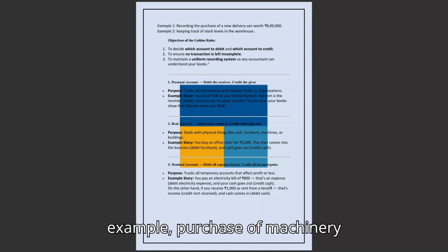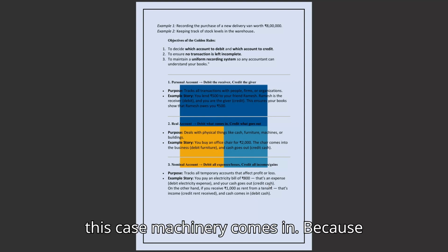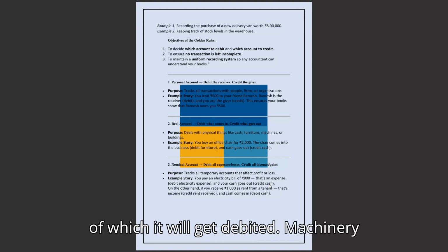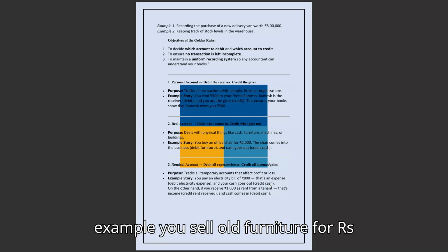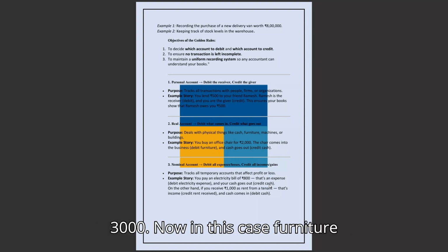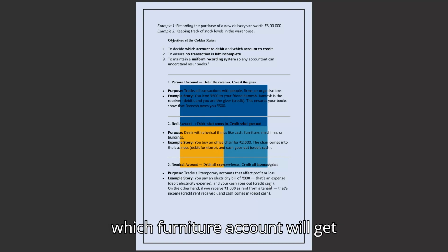For example, purchase of machinery for rupees 50,000. In this case, machinery comes in, because of which the machinery account will get debited. Second example, you sell old furniture for rupees 3,000. Now, in this case, furniture is moving out of the business, because of which the furniture account will get credited.